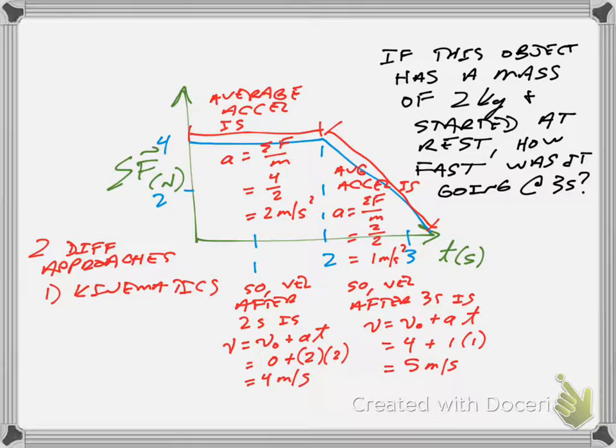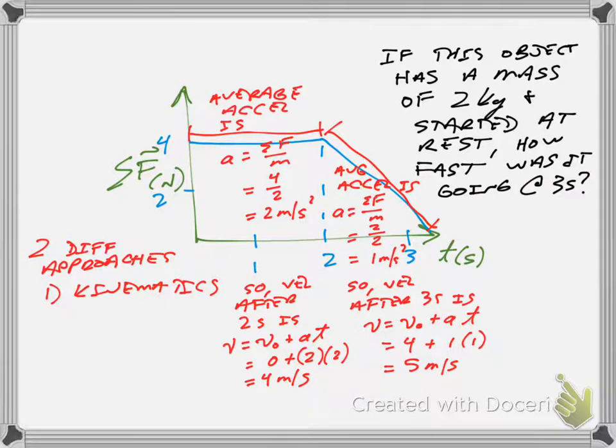Again, be careful with every graph that you have. Am I asking for the instantaneous value on the graph? Am I asking for the slope? Or am I asking for the area bound by the curve? In this case, since I'm looking for acceleration, I know that the net force is positive 2 at 2.5 seconds, and therefore the acceleration at 2.5 seconds is that positive 2 divided by the mass 2, or 1 meter per second squared.